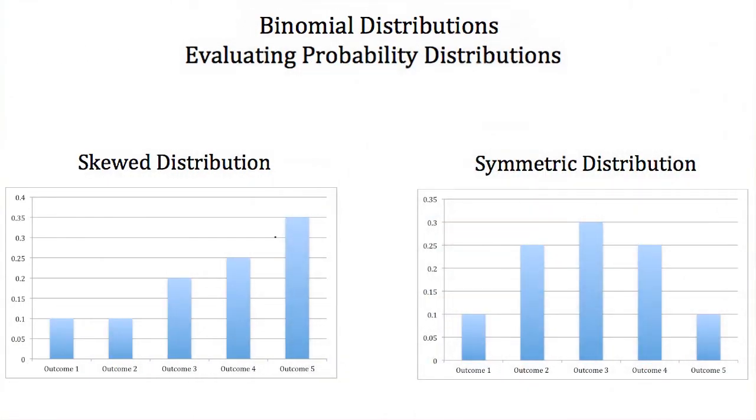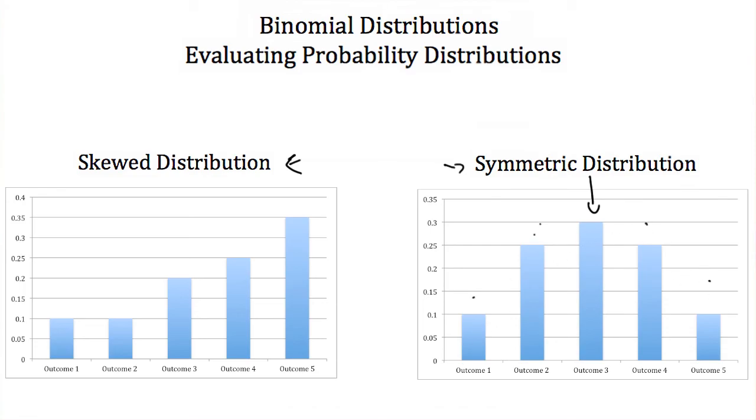Now when we talk about binomial distributions or probability distributions, there's one last thing we have to be aware of, and that's that there are different types of distributions. The most common types are the symmetric distribution or the skewed distribution. Notice that the symmetric distribution is symmetrical across the center, or the most likely probability. Outcome 3 in this case is our most likely probability, and then the probabilities reduce at an equal rate as we move away from that most likely outcome on either side.